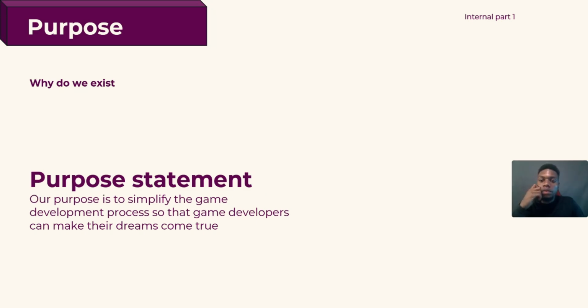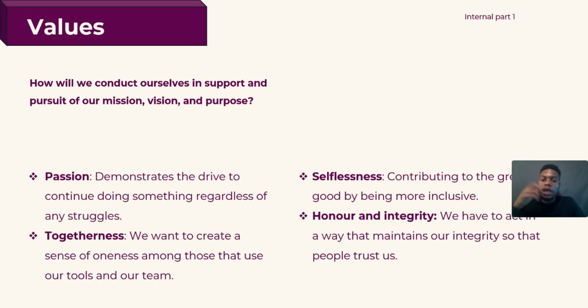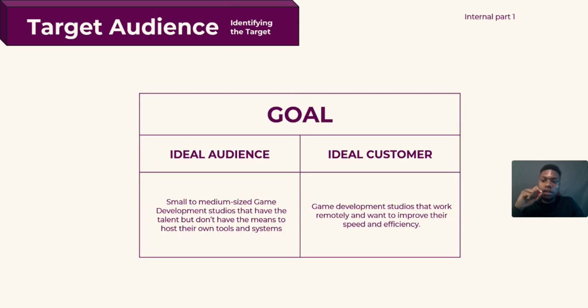Our purpose is to simplify the game development process so that game developers can make their dreams come true. The vision statement: to be the game development platform that ensures everyone that game development is possible for anyone, right? The other thing we have here is the brand values: passion, togetherness, selflessness, honor, and integrity, right?